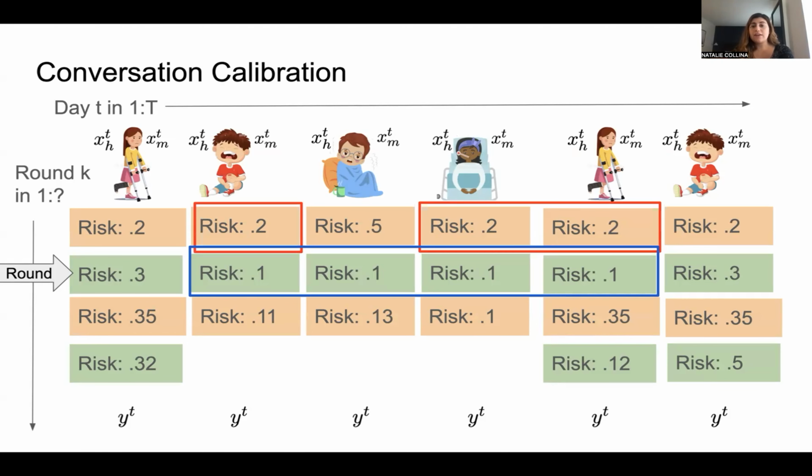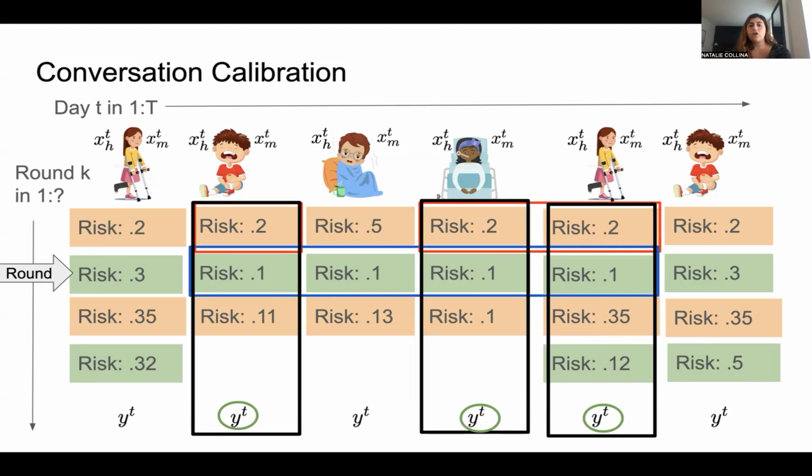Then you would look at the intersection with all the days that in the round before the human predicted something close to, say, 0.2. That intersection is these 3 days. Now on these 3 days, it needs to be that the average is around 0.1. We need to be unbiased with respect to those days.